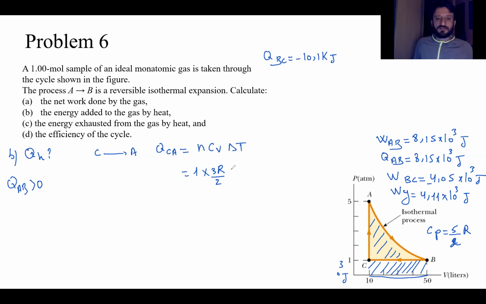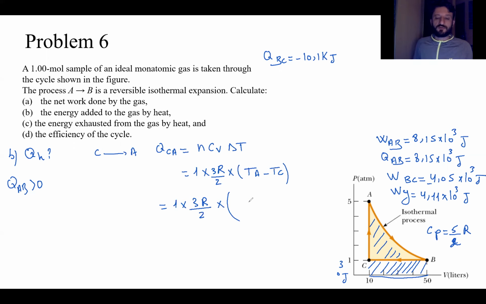Times delta T. Delta T equals T final between TA minus TC. We calculated already TC. So QCA equals 1 times 3R over 2 times, TA equals TB, as we have an isothermal process. We can substitute the same value of TA and TC here to calculate QCA.